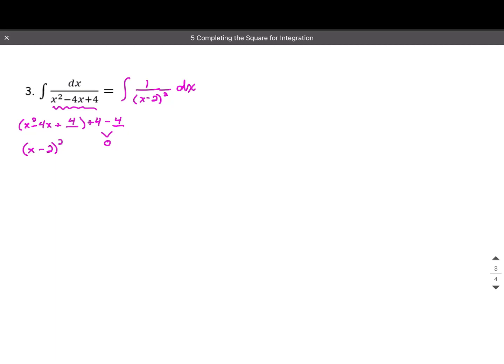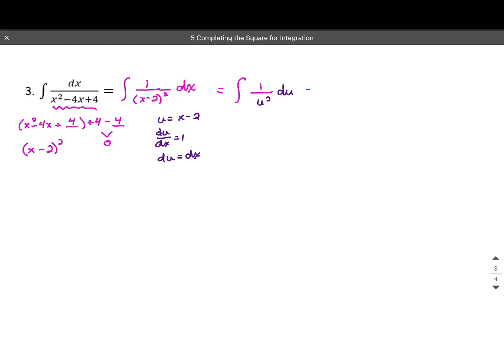Okay, so now we look at that and say, what can we do? Well, now I have a fraction, so I'm going to let my u be x minus 2, and du dx is 1, which means my du is dx. So I can now rewrite this as the integral of 1 over u squared du.